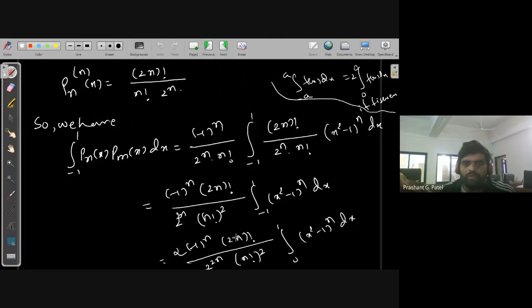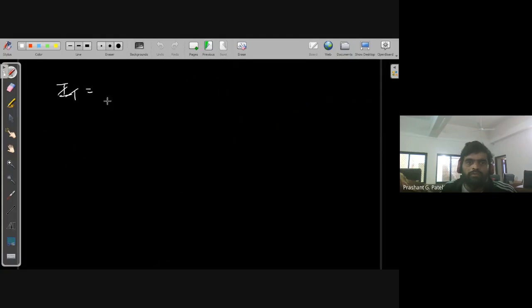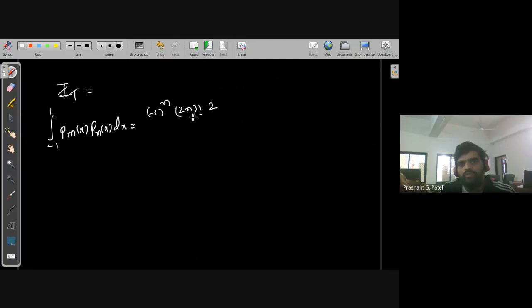So let me write down this one first. The integration from minus 1 to 1 of Pm of x, Pn of x dx will be minus 1 raised to n into 2n factorial into 2 upon 2 power 2n into n factorial square into the integration I1.